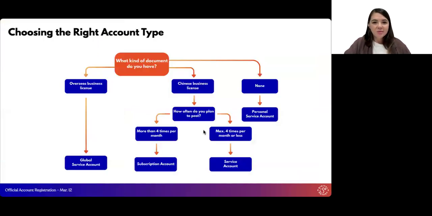So here I prepared a small chart based on the documents that you can refer to later. If you have an overseas business license, you can only go for the global service account. If you have a Chinese business license, you can apply for either a subscription or service account, but it will always ask you for a Chinese ID. If you don't have any paperwork, you can have this personal service account, but as a foreigner, it will be quite limited to posting articles.